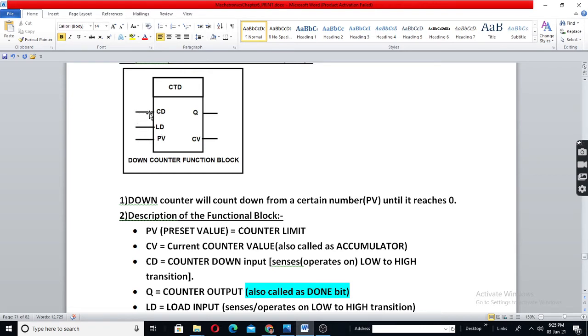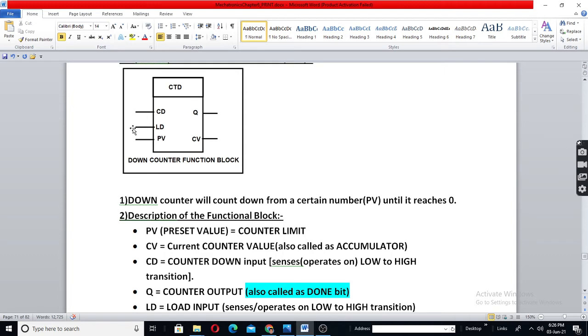Then when a pulse comes at CD, for each pulse coming at CD, CV will get decremented. Say if this is 15, this will get loaded with 15. Then for each pulse, it will become 14, pulse 13, pulse 12, like that. When this reaches 0, this will become on.